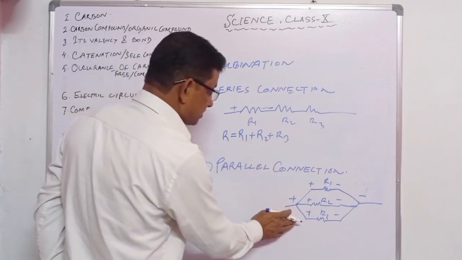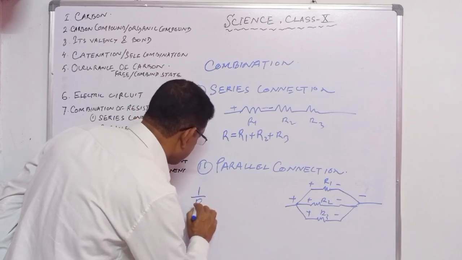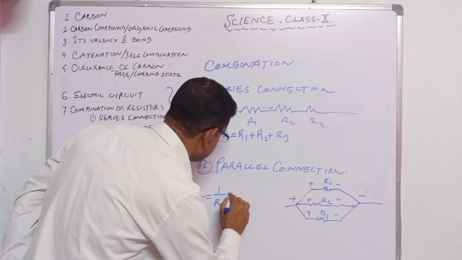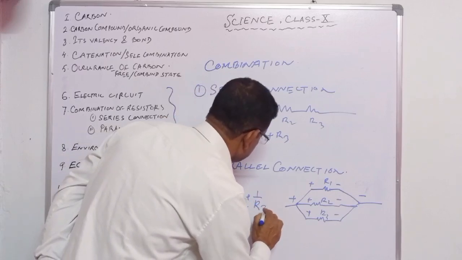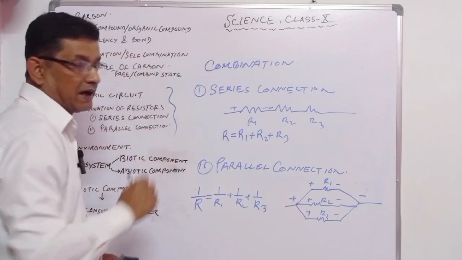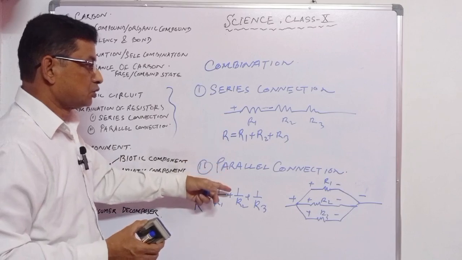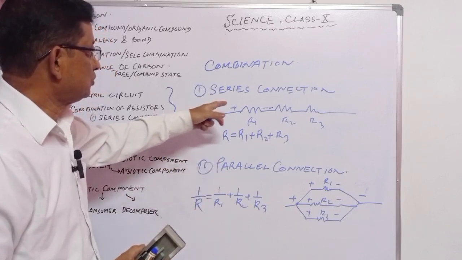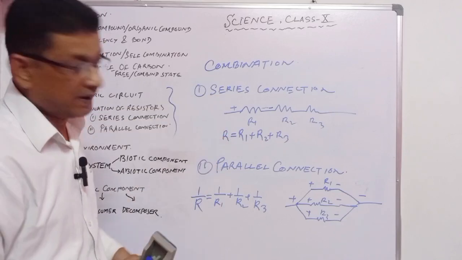This type of connection is known as parallel connection, and we can get the equivalent resistance by adding their reciprocals. Some numerical problems may be asked in our board exam. So these two are very important formulas to find the equivalent resistance in case of series connection and parallel connection.